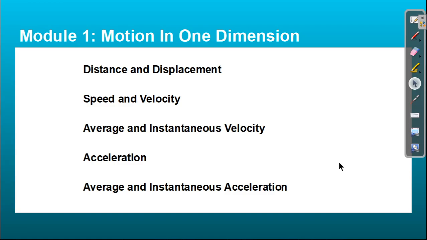Now we're learning physics. We're going to be learning about distance, total distance versus displacement, two different things. Speed and velocity, two different things. Average versus instantaneous velocity. Acceleration, average and instantaneous acceleration. So this module covers these topics in physics.